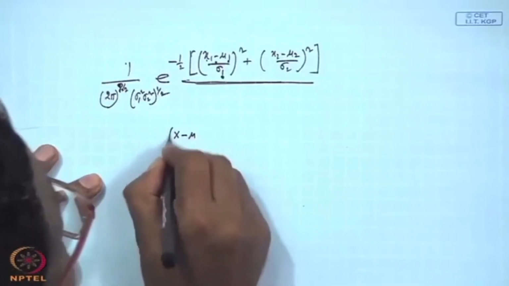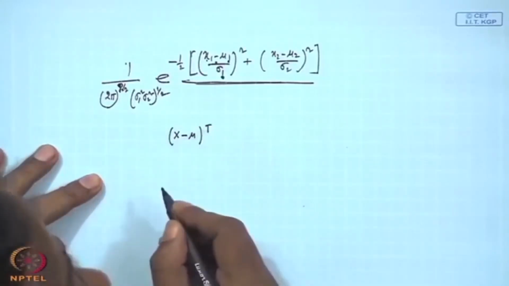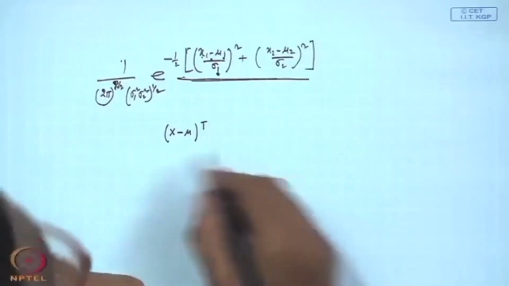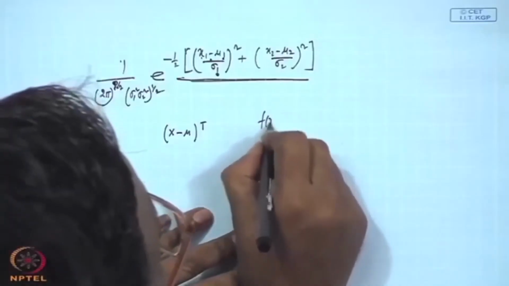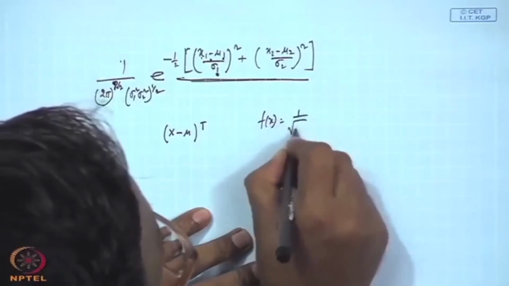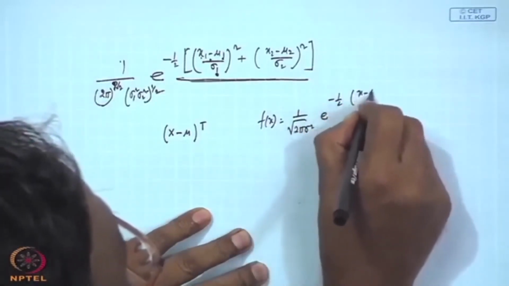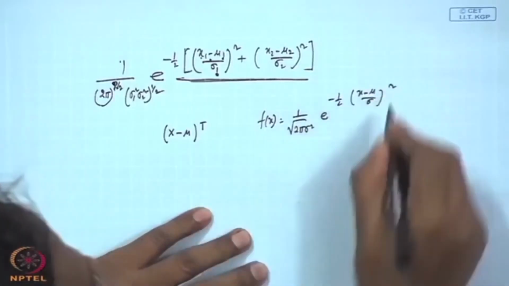Suppose x minus mu transpose... no, I'll explain from the univariate case, that will be better. In the univariate case, f(x) is 1 by root over 2 pi sigma square, e to the power minus of x minus mu by sigma.